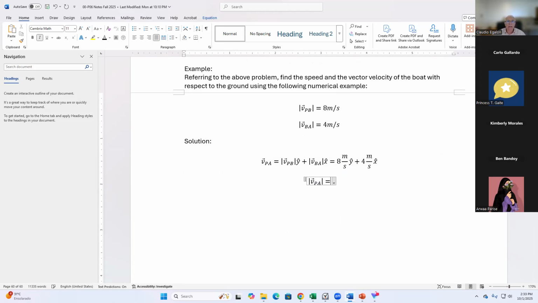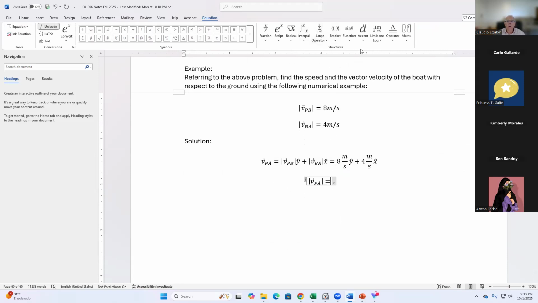It is going to be the square root of 8 squared plus 4 squared. 64 plus 16 is going to be 80, right? Should be the square root of 80.